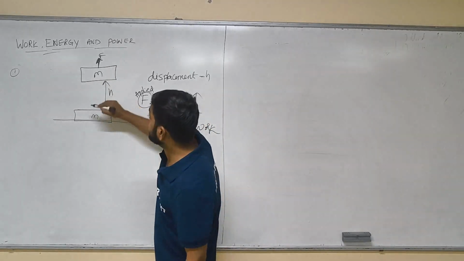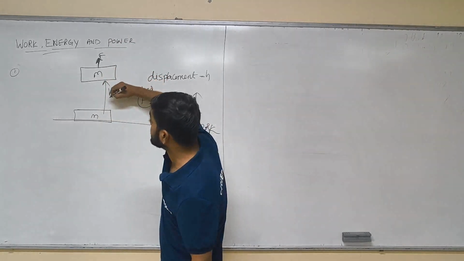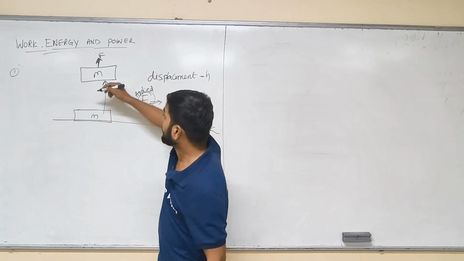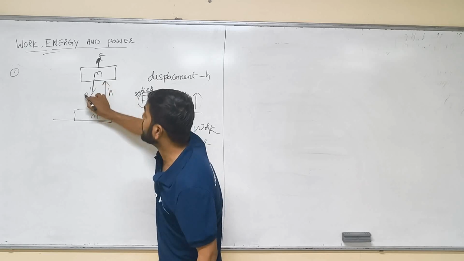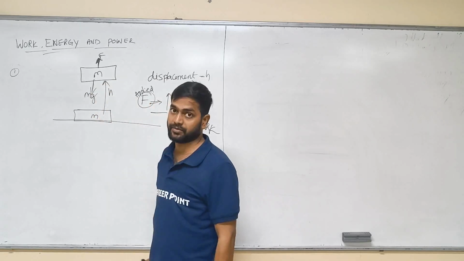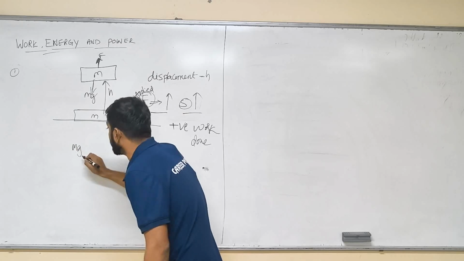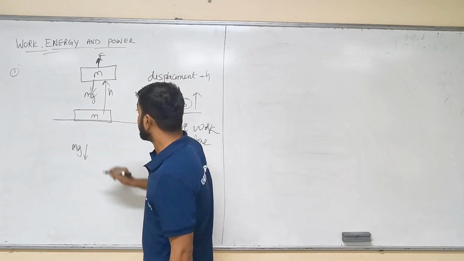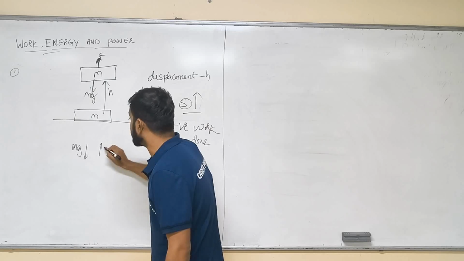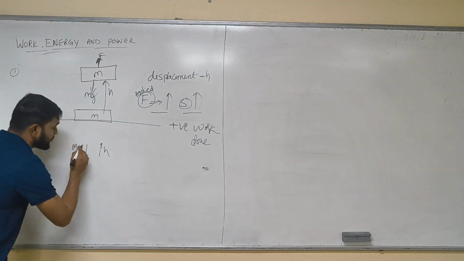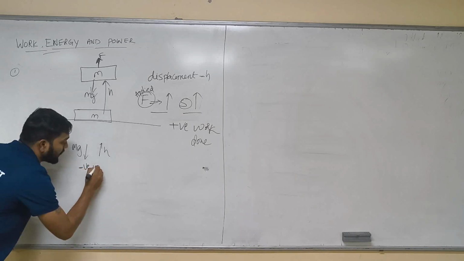Coming to the gravitational force. We know that this object is moving upside, so the displacement is upside. And the gravitational force is always downwards, that is equal to mg. So the gravitational force mg is downwards and the displacement is upside. So this will be negative work done.